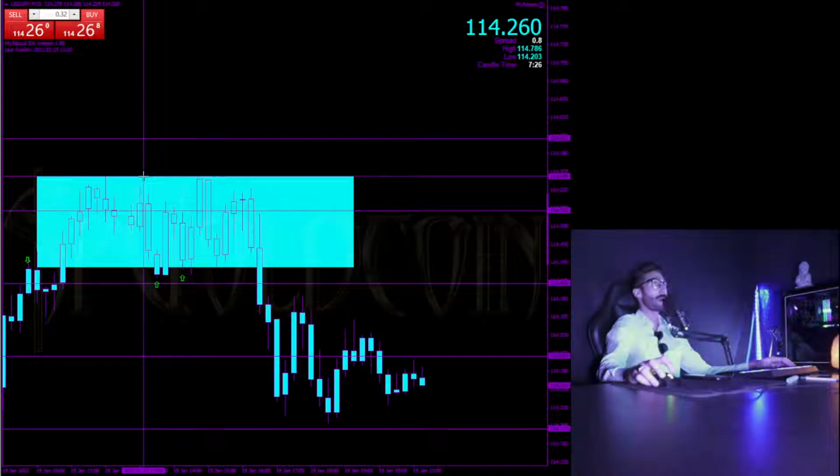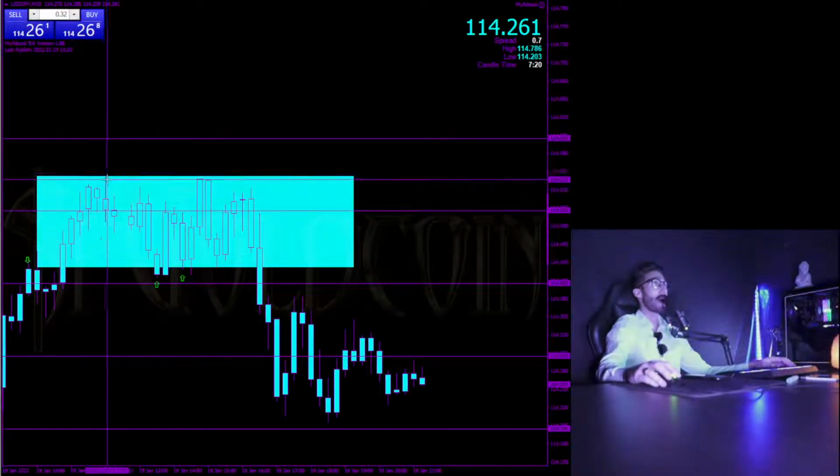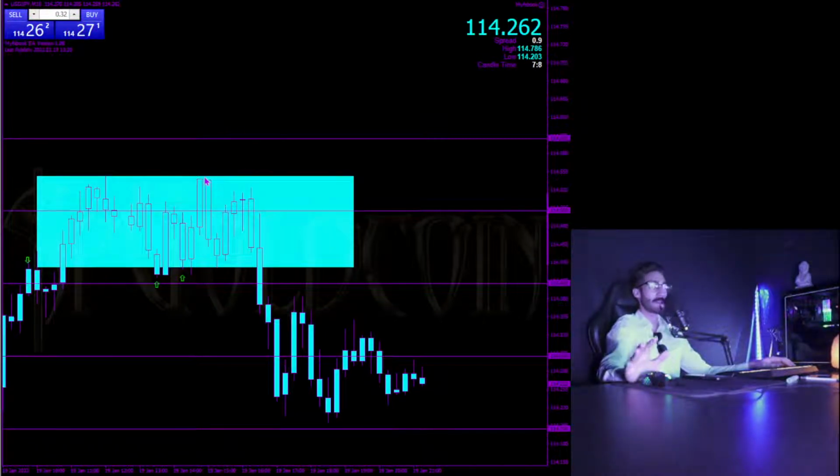And our major level at 114.547 is the highest level we need to break in order to get to our 114.6 level. So that has to close. It has to give us some type of indication of volume to want to continue up. So you could see it started dropping back down as the session started to progress, and now we're back below 114.5.